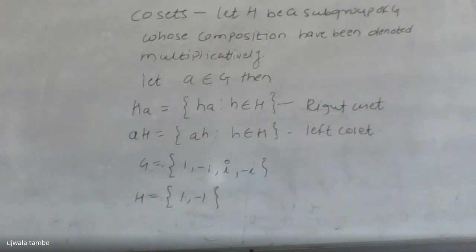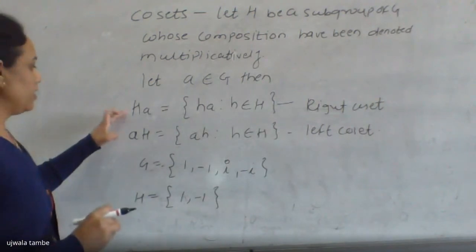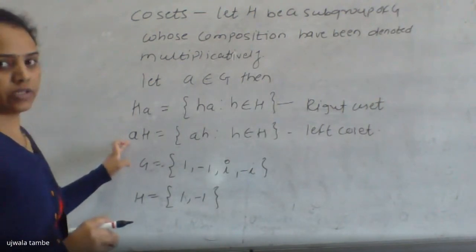So first we are going to find the right coset and then we move towards the left.